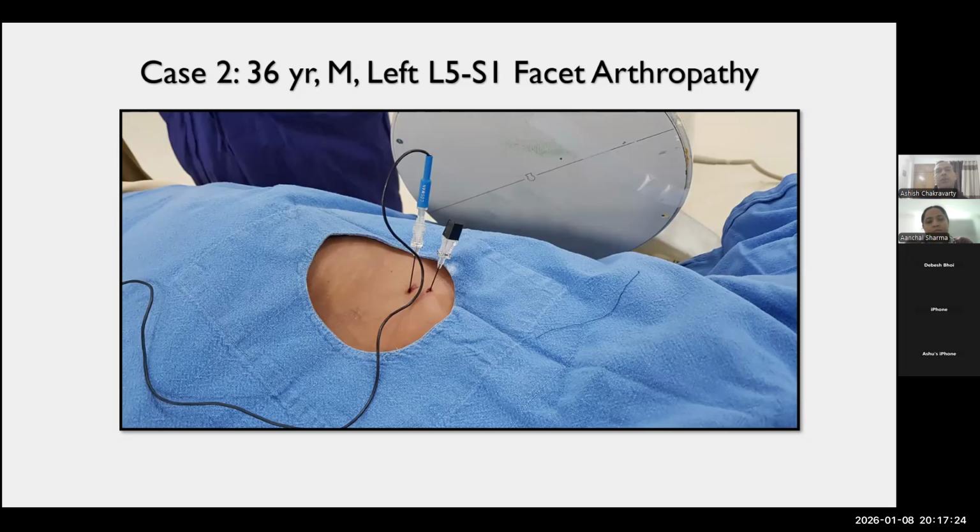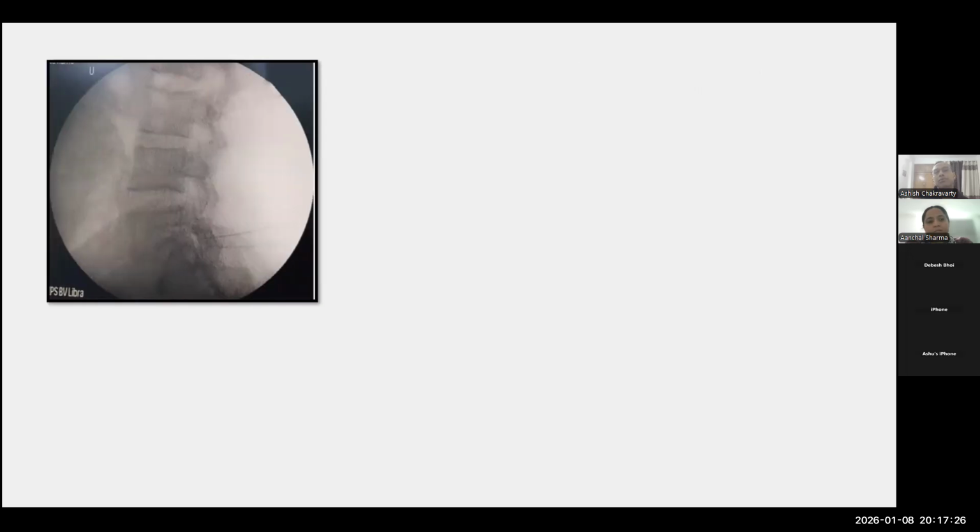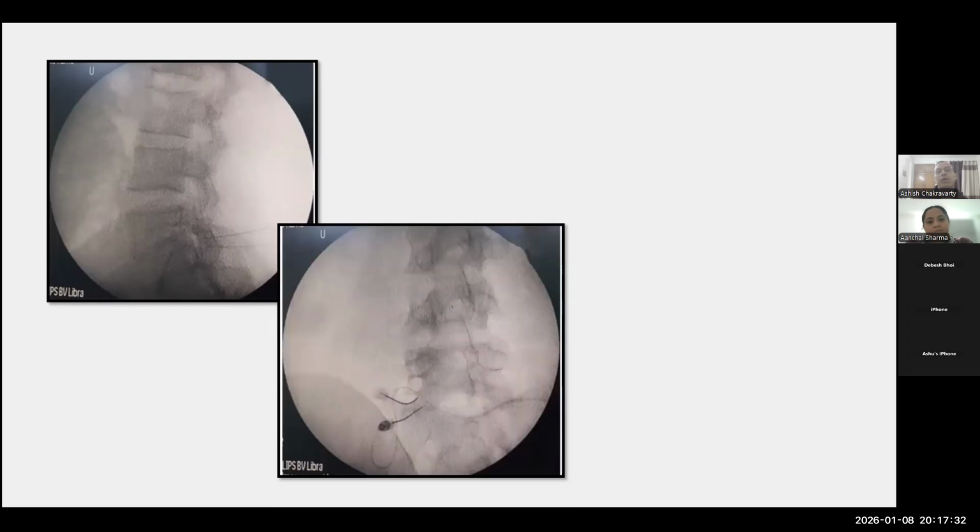This time I used 22 gauge 10 cm RF needles, and I put one of them in the upper pole and the second one in the lower pole without putting in the third needle.